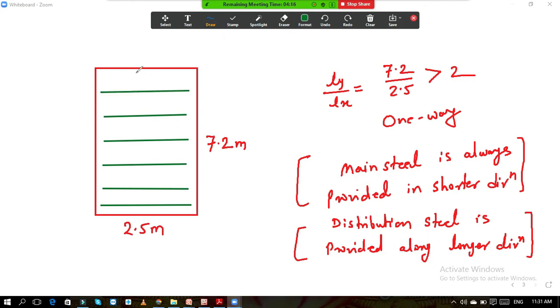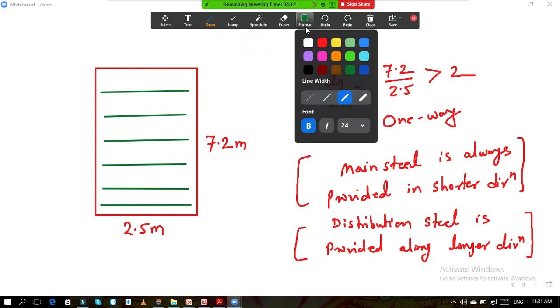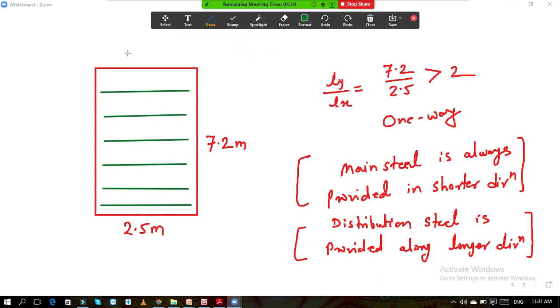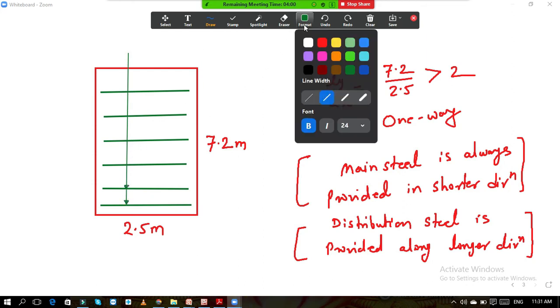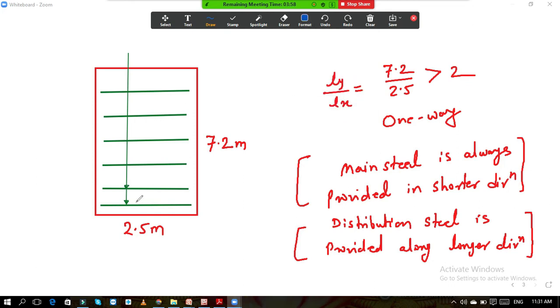So if I draw this, this is your main steel.